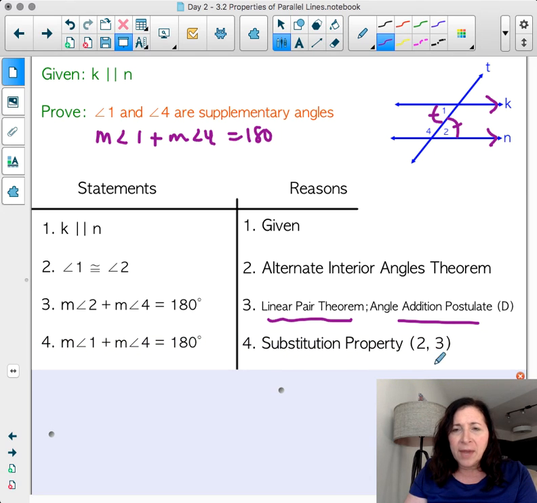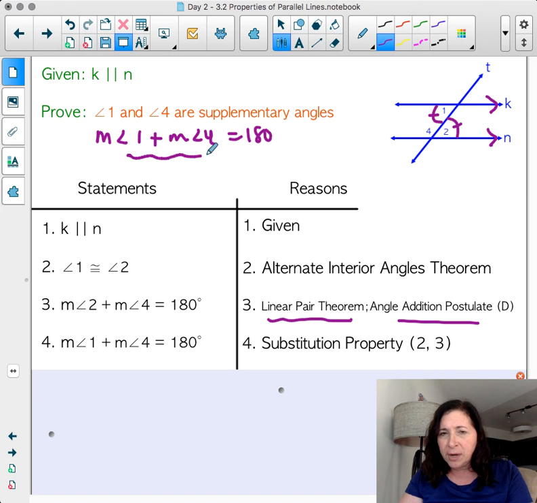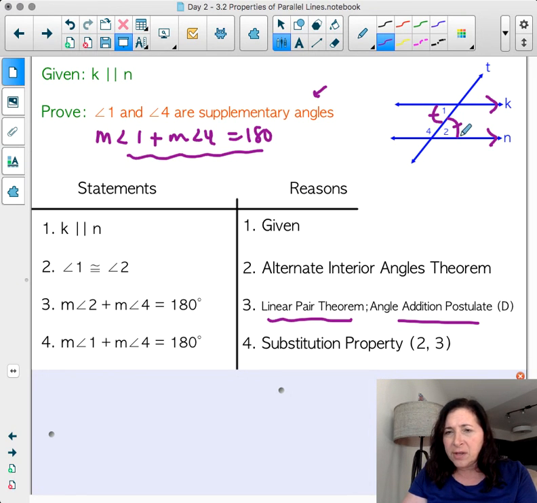Thirdly, we know that angle 1 plus 4 is equal to 180 degrees, and that's what I'm trying to prove. I'm going to say it a different way here as my final answer. Angle 1 plus angle 4 is equal to 180 degrees because we're substituting from these two lines here.